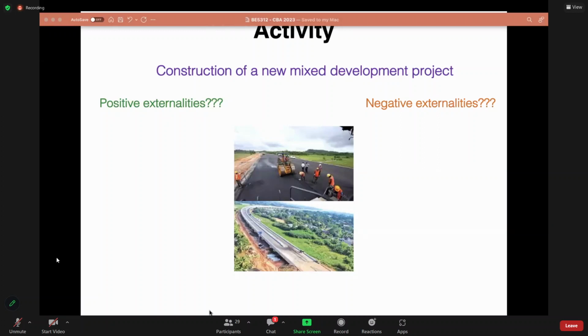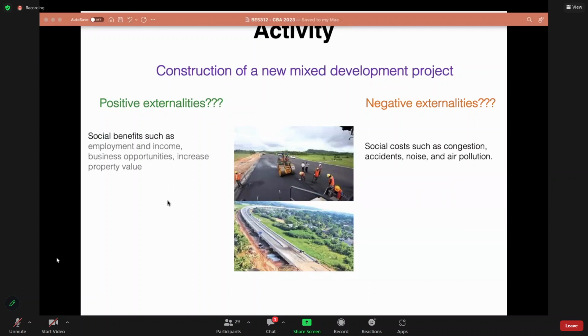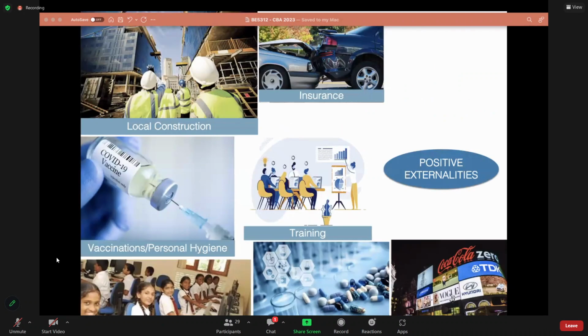Yeah. So likewise, there can be both positive and negative things that unrelated third parties of a project might experience because of a project taking place. So there can be positive externalities associated with different things. Even things like a vaccination program.